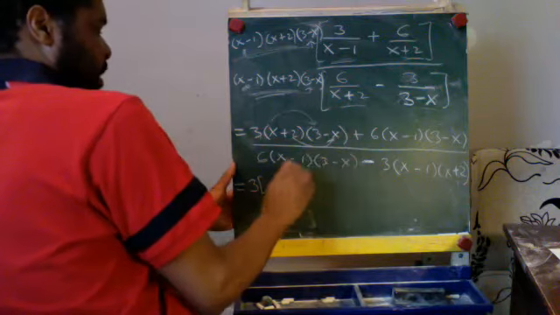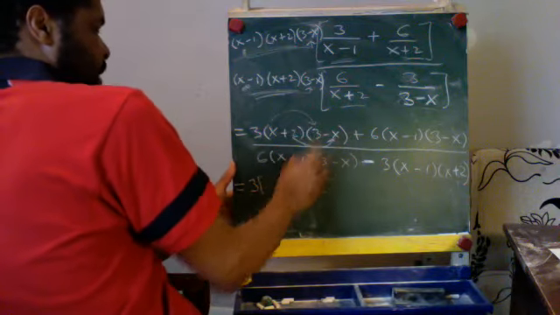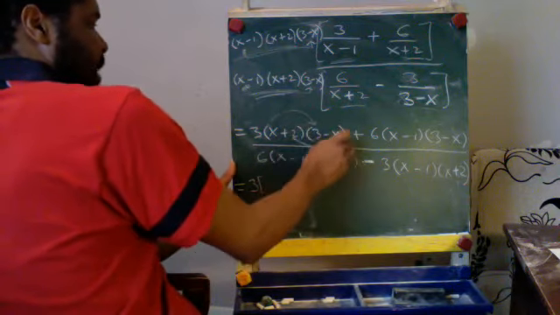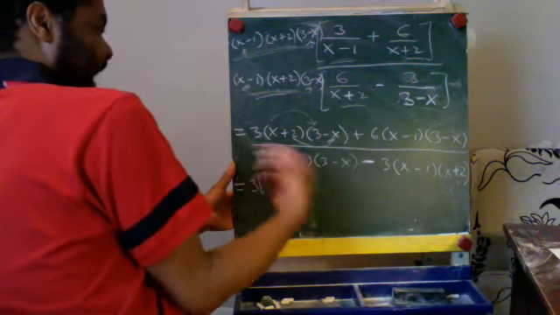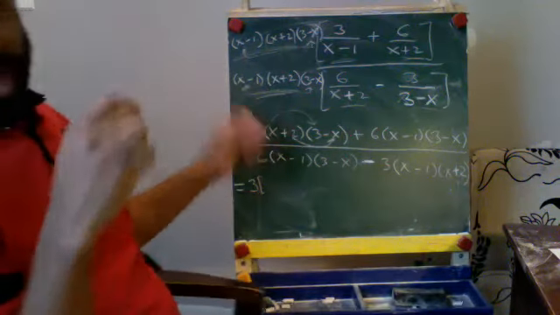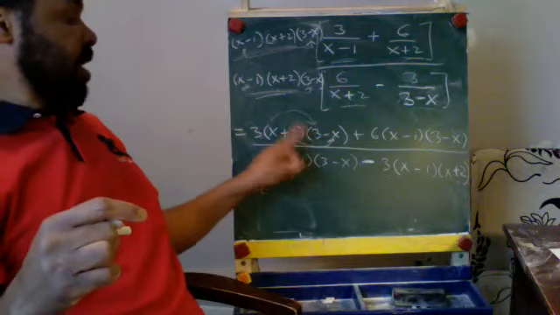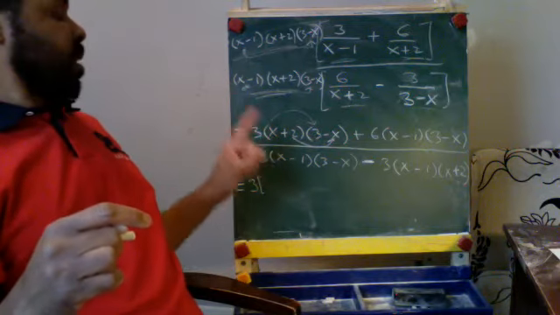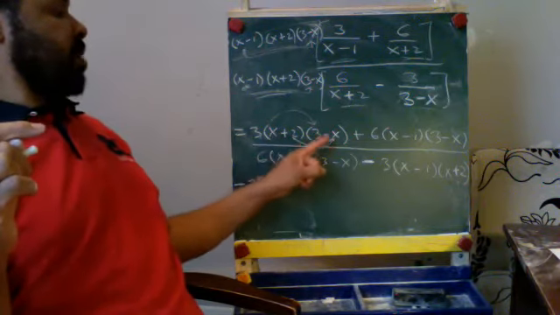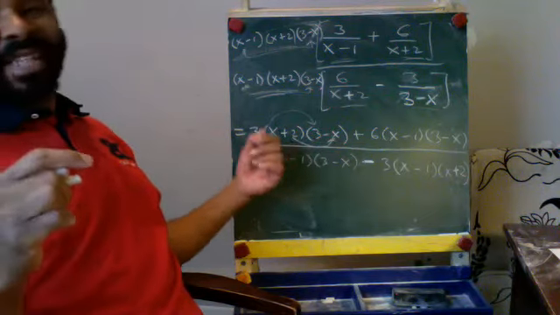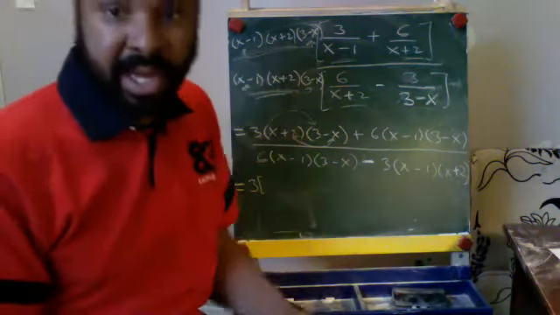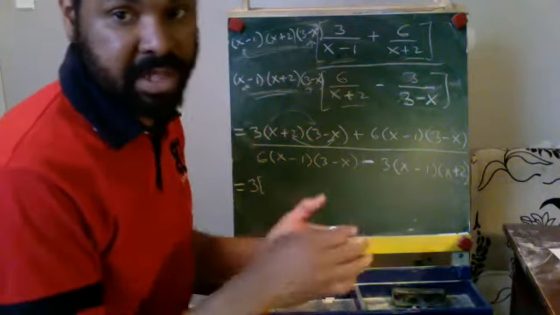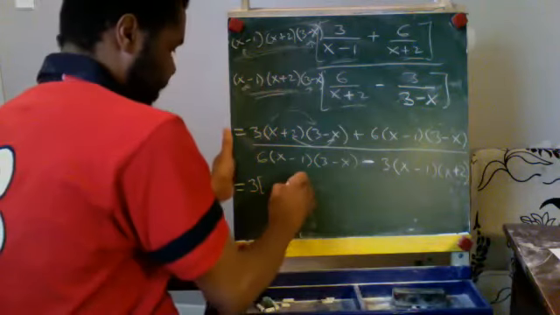I want to get the x terms out of the way. x times 3 is 3x, and 2 times negative x is negative 2x. Keep that in mind. 3x plus negative 2x is going to be 1x.